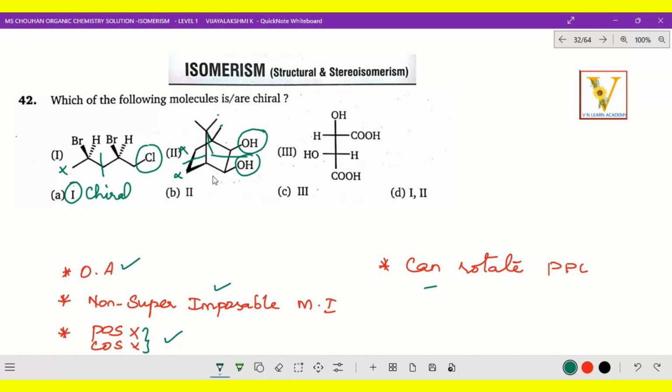So that means this is also optically active with a non-superimposable mirror image, POS and COS absent, can rotate PPL. So this is also a chiral molecule. If a molecule is symmetrical, you can identify it 100%, and it is optically inactive, but this is a chiral molecule only.